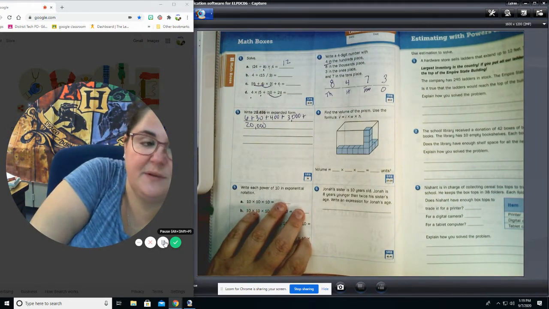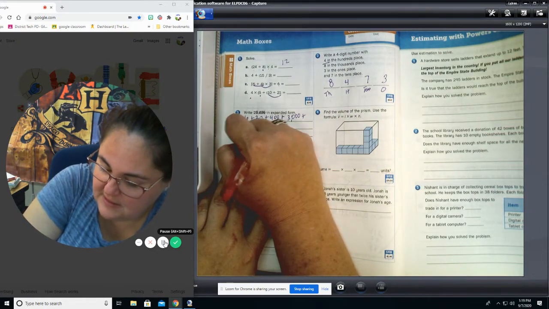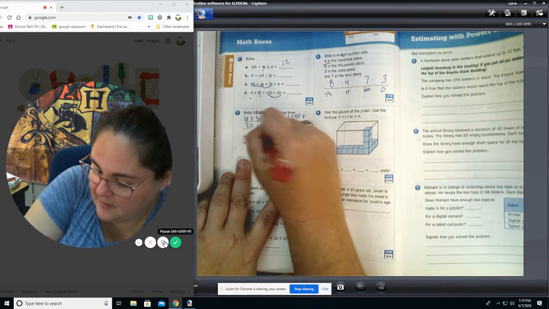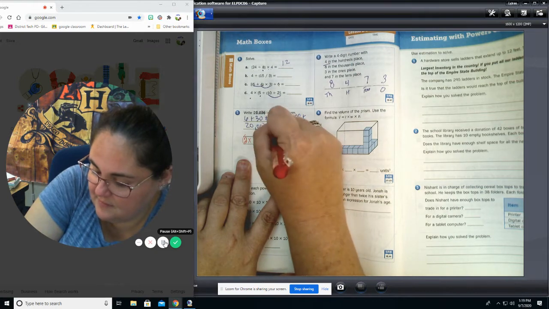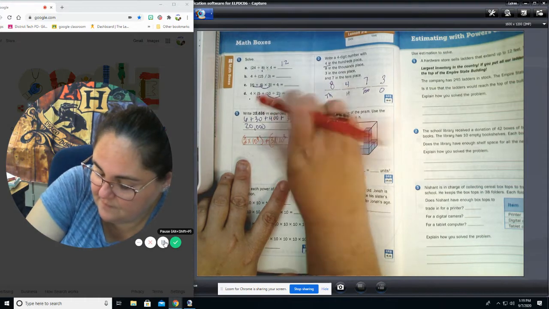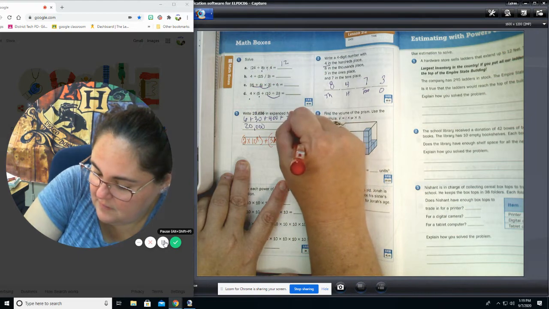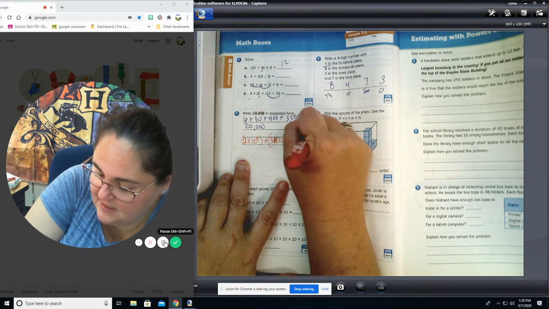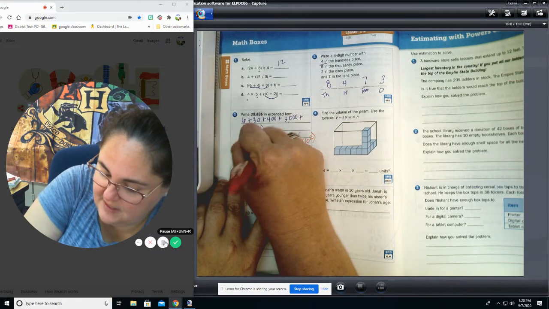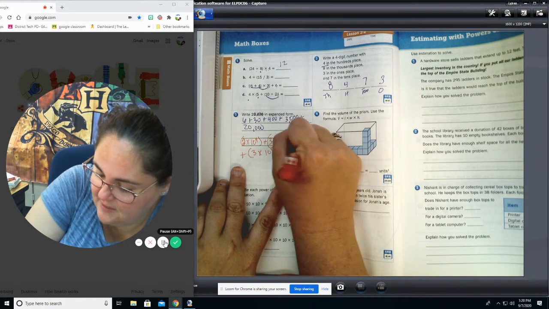Now I'm going to write it exponential. 20,000, so 2 times 1, 2, 3, 4, 10 to the 4th. 3 times 10 to the 3rd. 4 times 10 to the second. 3 times 10 to the first. 6 times 10 to the 0.